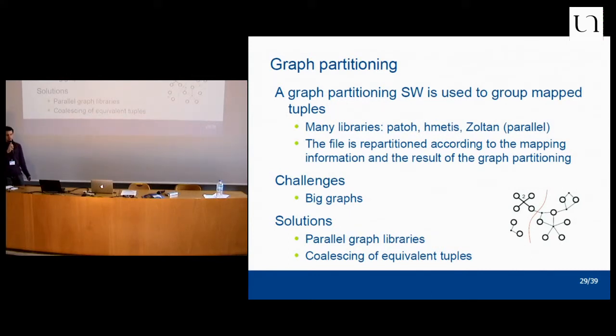One possible challenge is to have big graphs, but we provide some solutions for this problem, such as leveraging the fact that we are using a parallel infrastructure and using parallel versions of the graph partitioning algorithms, and also coalescing equivalent tuples in order to minimize the number of vertices present in the graph.